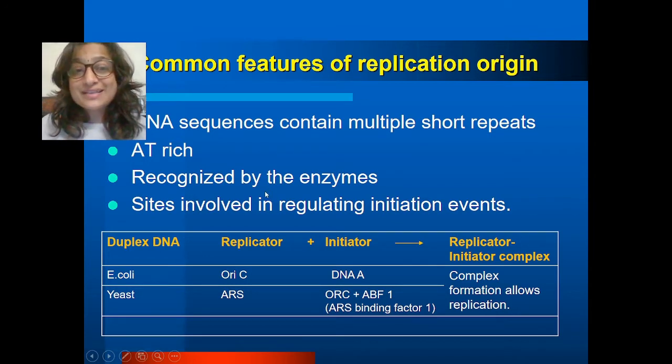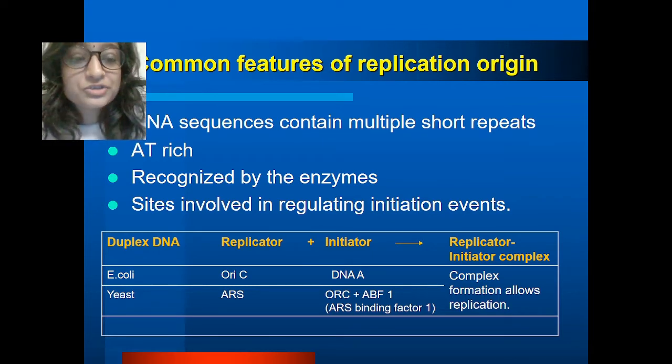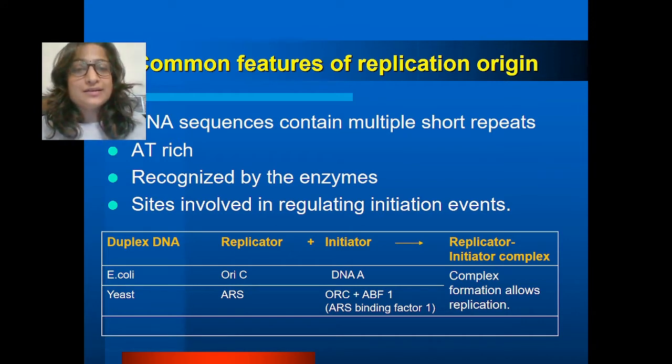It needs to be accessed and recognized by certain proteins and enzymes, and the sites are involved in regulating initiation events. On the origin of replication, yes, there are certain sites which are involved in regulating the initiation events.